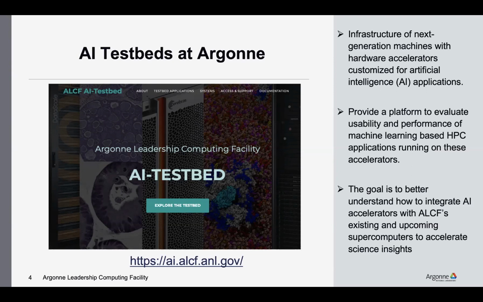Going forward, the goal is to integrate these architectures into future supercomputers, and try to understand how future supercomputers can look with these kinds of AI testbeds. That's the main motivation behind having this AI testbed program at Argonne.